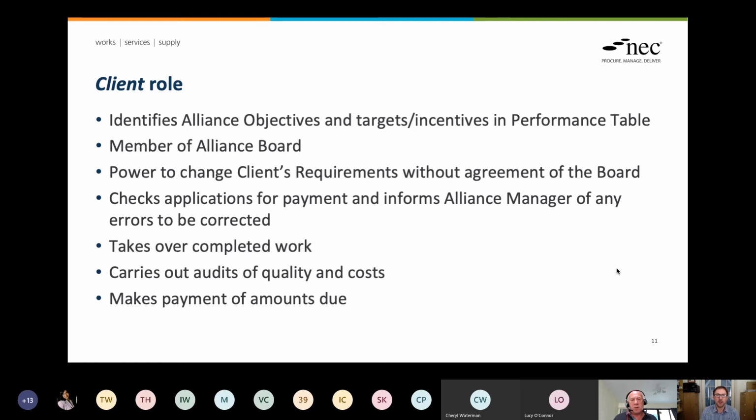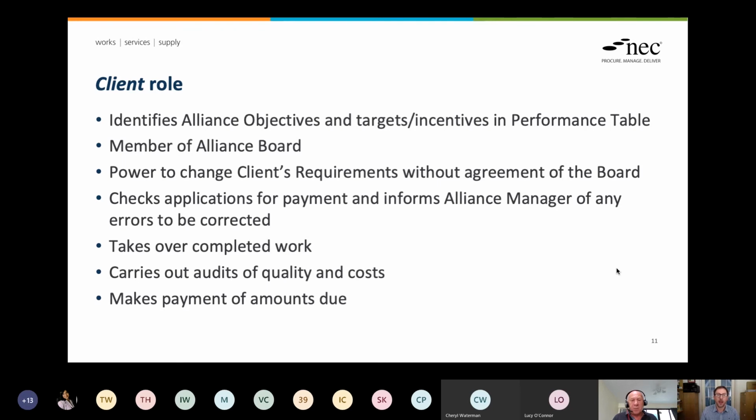But the difference between this and other scope information is that this bit can only be changed by the client, whereas the rest of the scope, as in not client requirements, can be changed by the board, can't it? Yeah, and moving on from that, the change of client's requirements would lead to a compensation event.